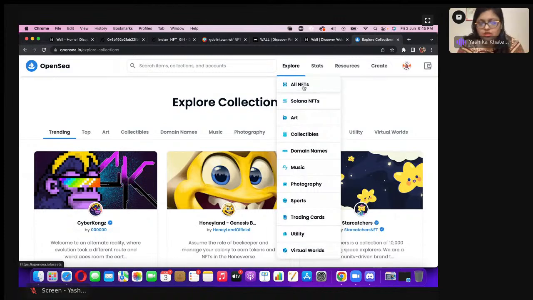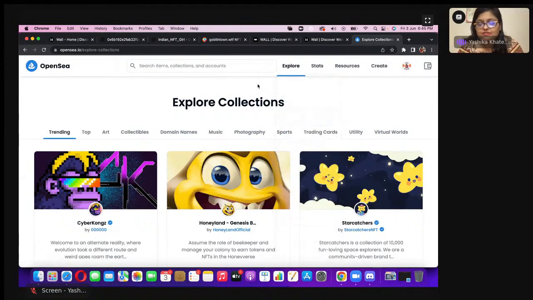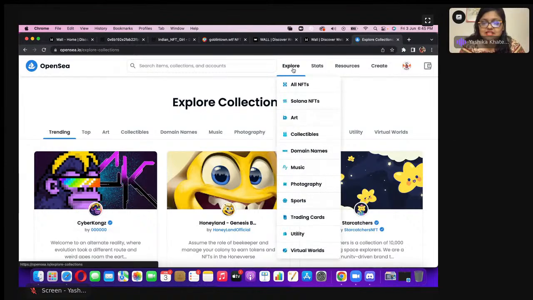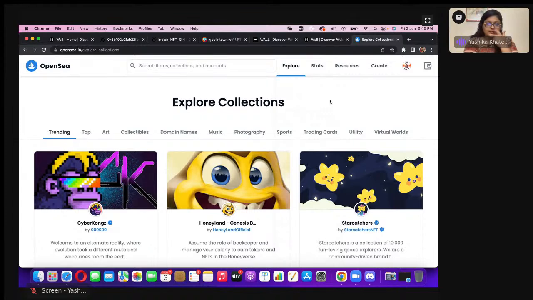The next is Polygon, where, if you don't want your buyer or someone else who would buy NFTs from you to waste a lot of money on gas price, then you can go for the option of Polygon. The third option is Solana, and they have recently started. You can see here the Solana NFTs have come out as a different category altogether.